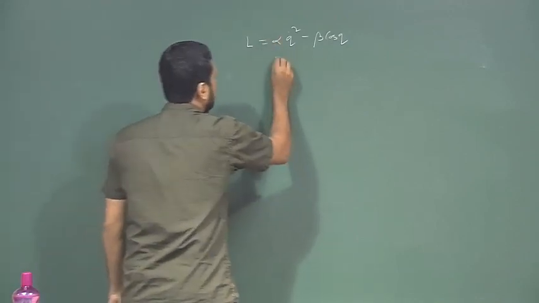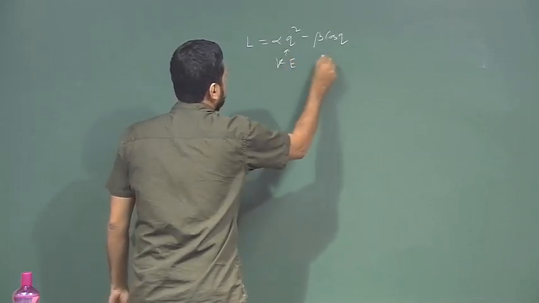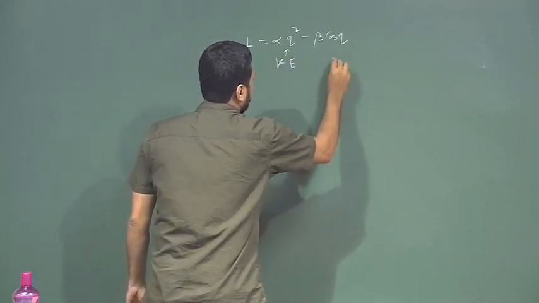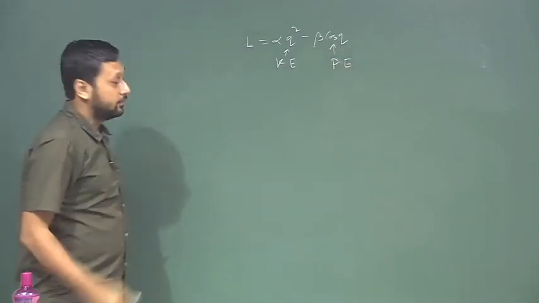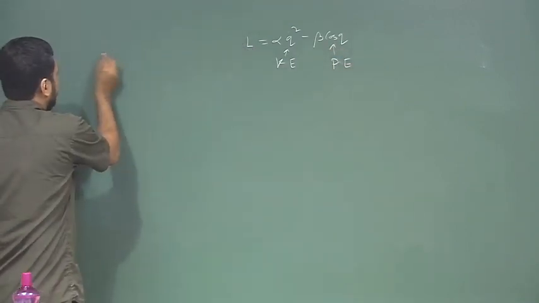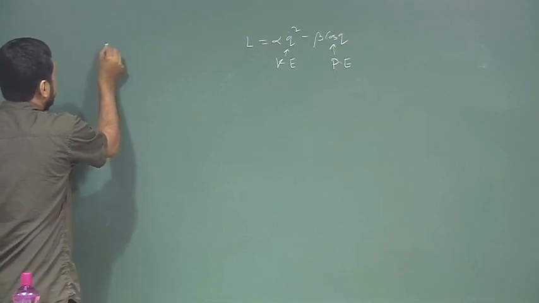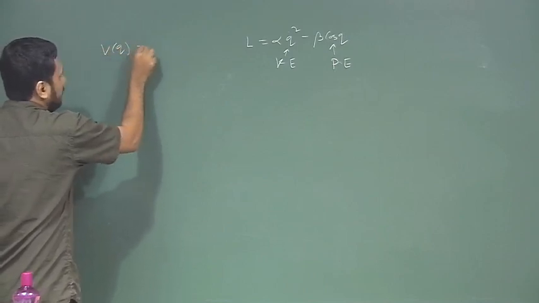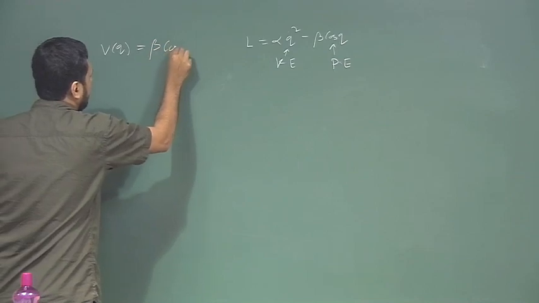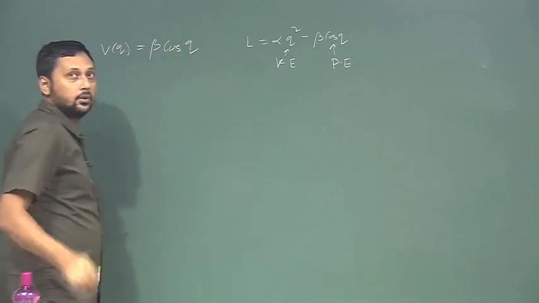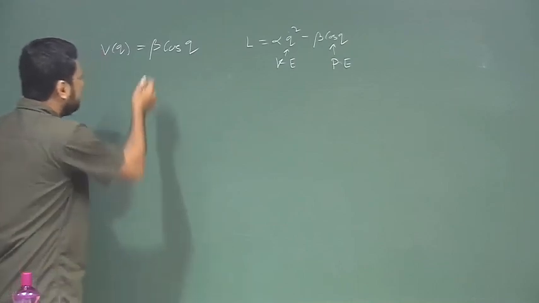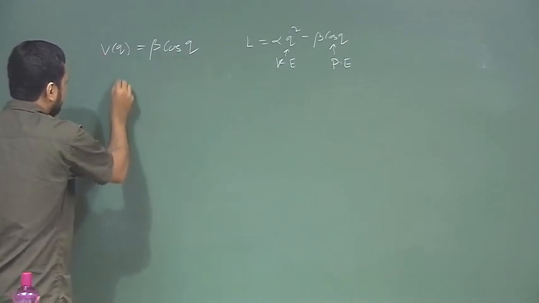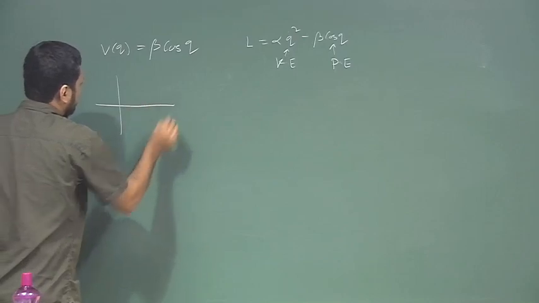So, we have kinetic energy here and potential energy there, and if you now take the potential energy, which is a function of q, as beta cos q, first of all we have to find out what is the minimal position of this, and there is a very familiar potential, right. It is an oscillatory potential.